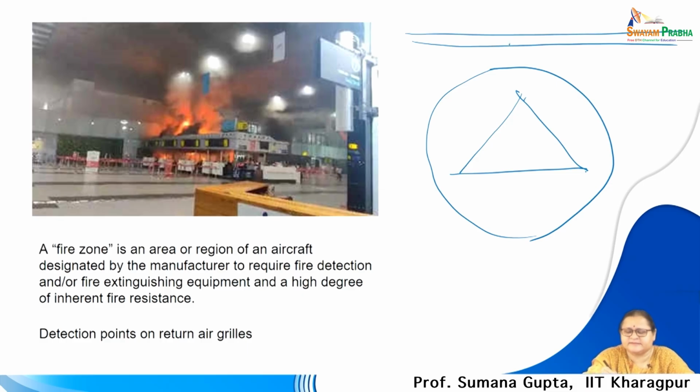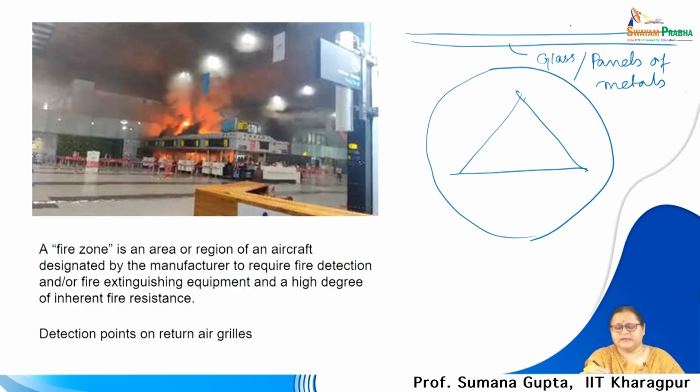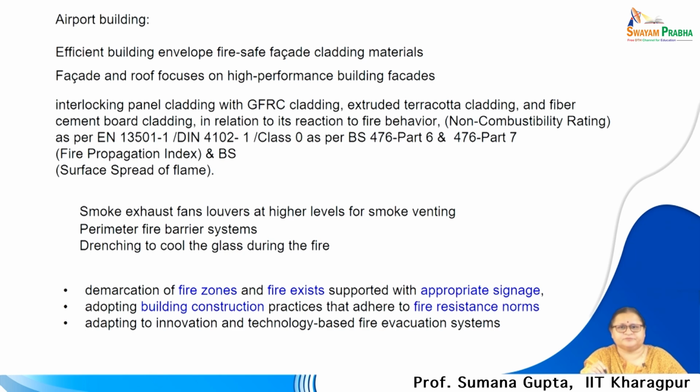It may be glass, it may be panels of metals which are to be very safe from fire. So, they are to be very high fire rated material. If it is glass, it should be tempered glass. If it is panels of metals, one has to be using very safe metals, so, safe metals which will not catch fire very easily.